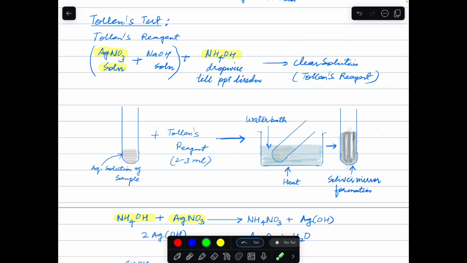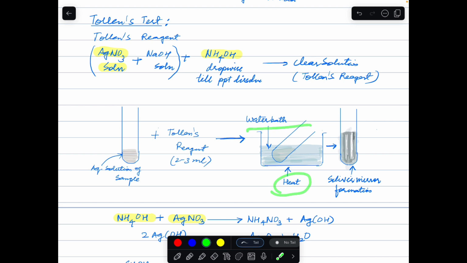Okay, so we will take the sample in our test tube, that is, an aqueous solution of the sample. Again, always remember, for organic analysis, when your sample is a dry powder, you have to make a solution as you have done in salt analysis. In this solution, you add Tollen's reagent, 2 to 3 drops, and then we heat in a water bath.